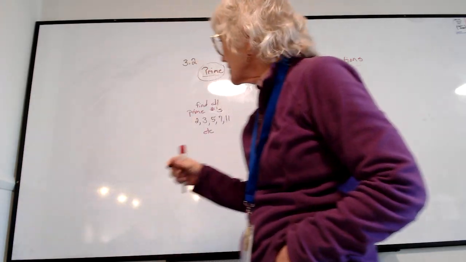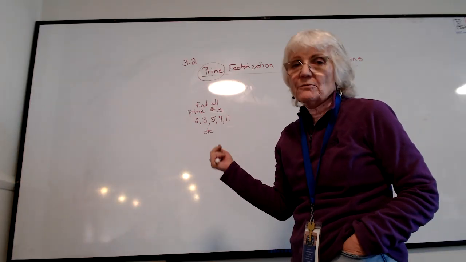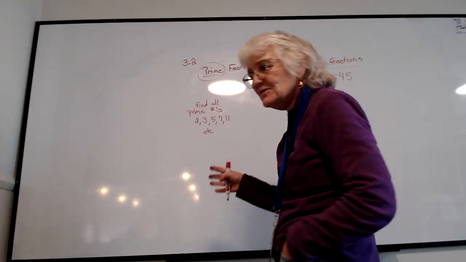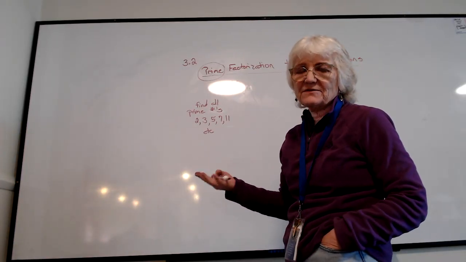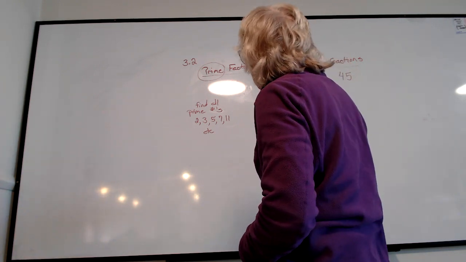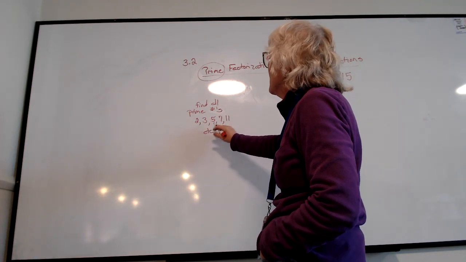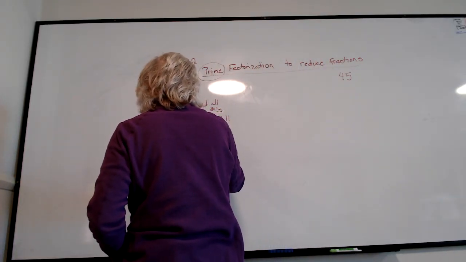Now 1 is not considered prime. It is just the number 1. Sometimes people consider it prime, but we don't use it as a factor because 1 just multiplies or divides into all numbers. Okay, so what we're trying to do is find all prime numbers that are multiplied.